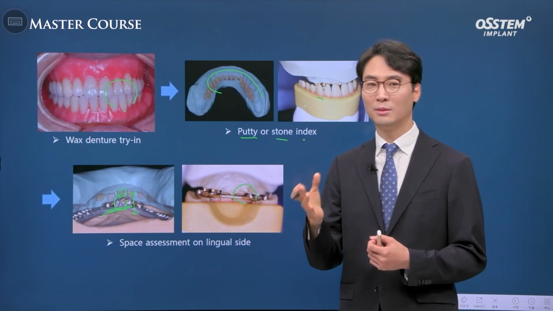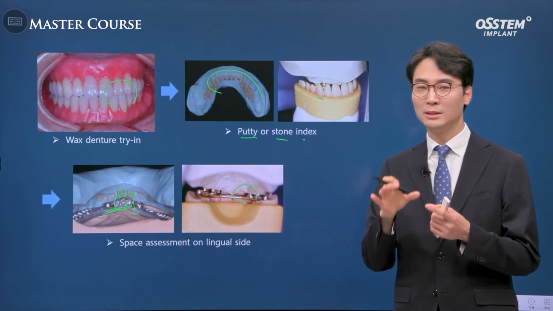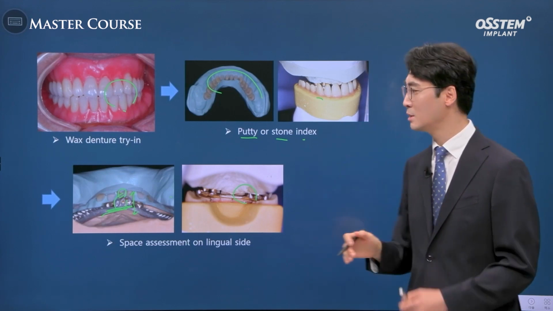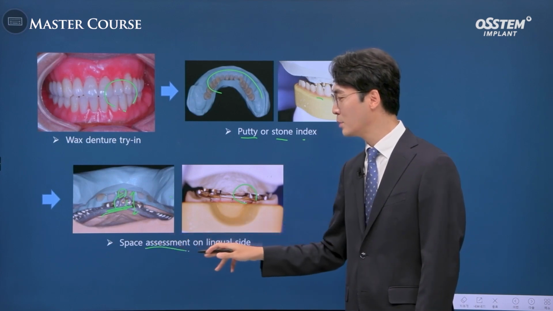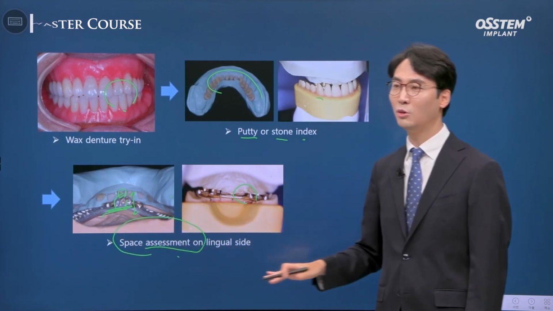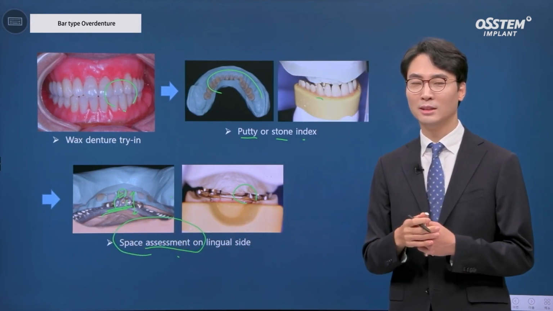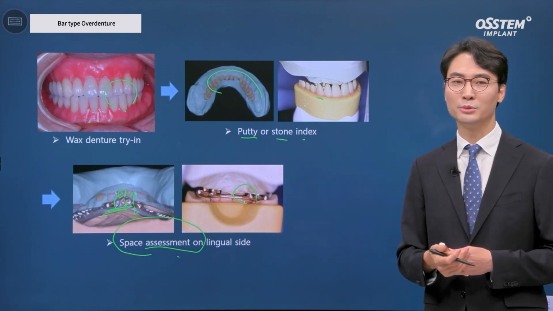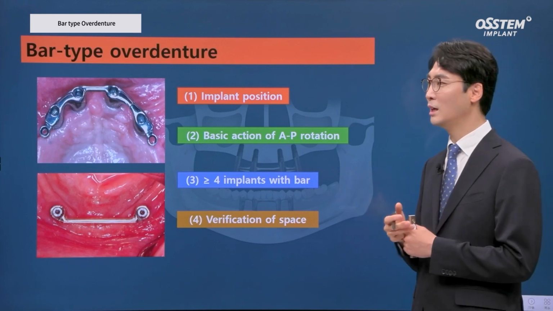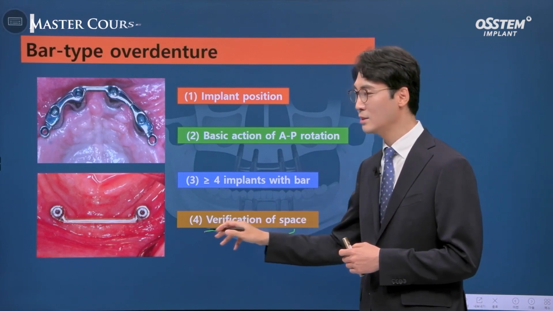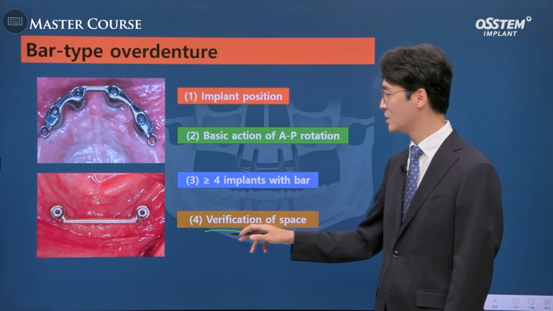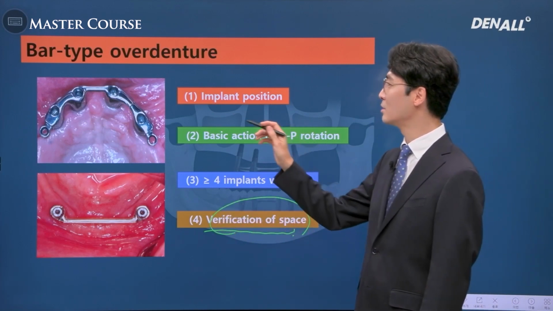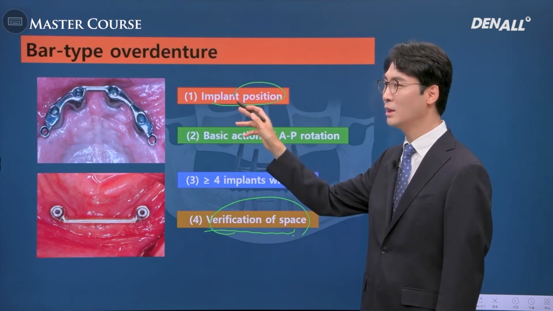We need to evaluate from the lingual side whether there's sufficient horizontal and vertical space, and you need to evaluate whether there's sufficient space for denture base and artificial teeth, and then move on to the bar overdenture phase. By doing this, we'd be able to overcome or prevent the potential issues. Verification of the space is very important. This is crucial in using bar overdenture as a treatment option.